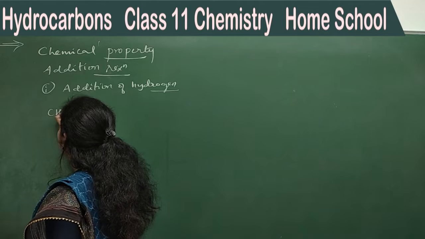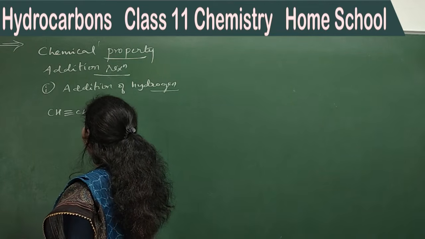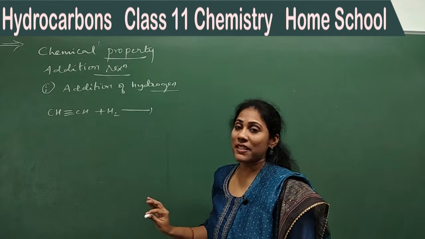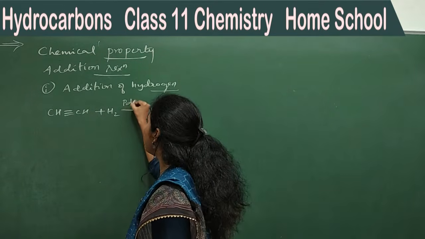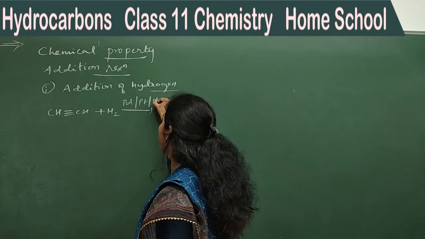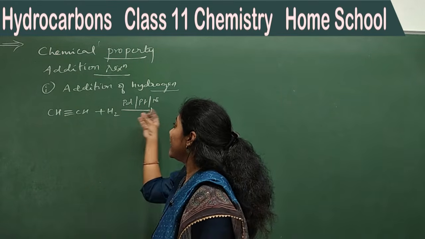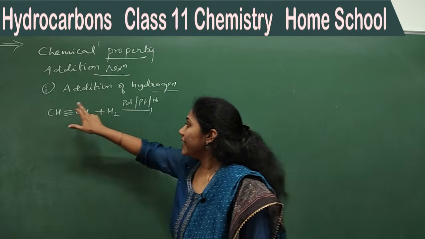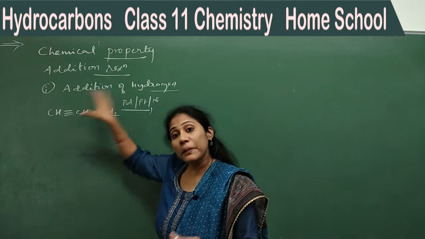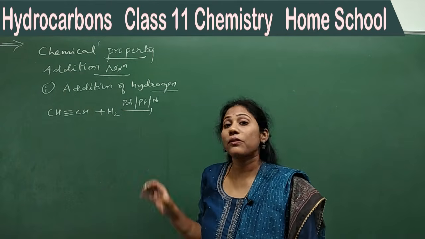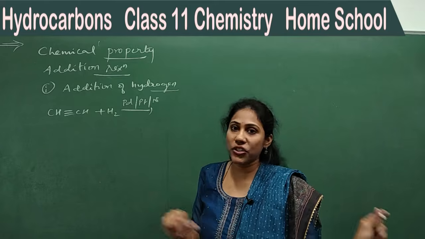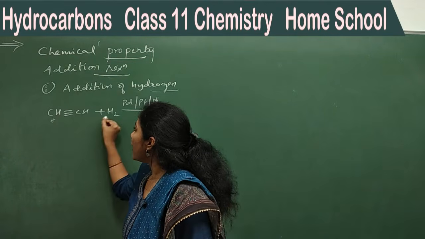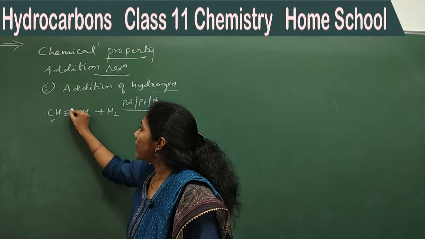Suppose I have CH≡CH, I am adding hydrogen. Here hydrogen addition is always done in the presence of catalysts like palladium, platinum or nickel. So it is called catalytic hydrogenation. Hydrogenation means addition of hydrogen, and in the presence of a catalyst it is called catalytic hydrogenation. One hydrogen atom is added to one carbon, the other hydrogen atom is added to the other carbon.